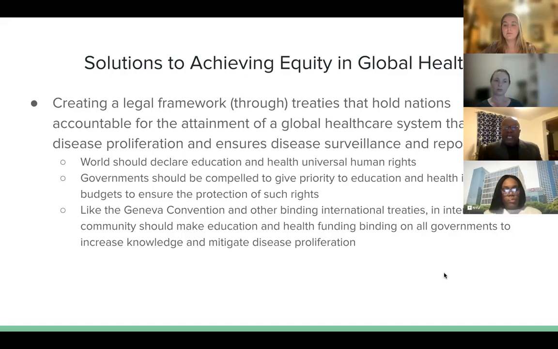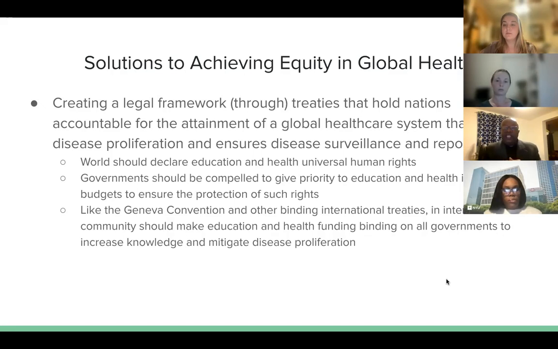The world should declare education, for example, and universal health care as human rights, because without education, it is almost impossible for populations to be able to act in a way that will improve their health. And so education should be a universal human right as much as healthcare itself is.